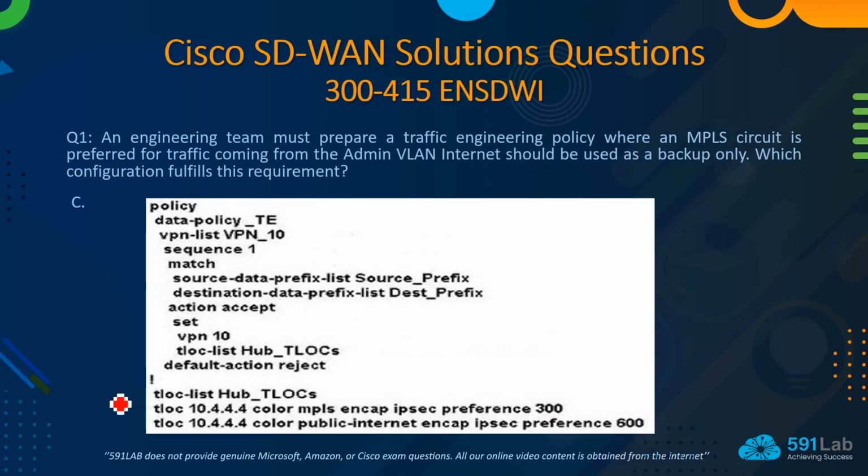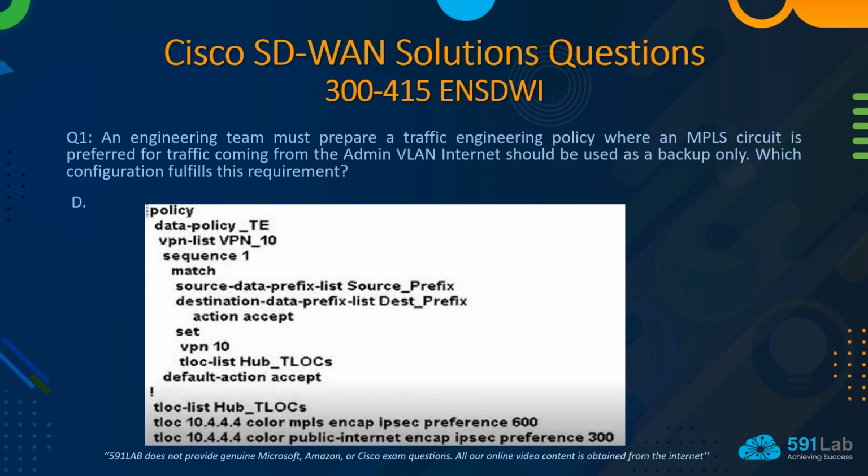Okay, here we have MPLS with 300 and public Internet with 600, which does not fulfill our requirements. So C also is not correct. Let's see our latest option. We have D. Okay, we have here MPLS with 600 and public Internet with 300, which is good.